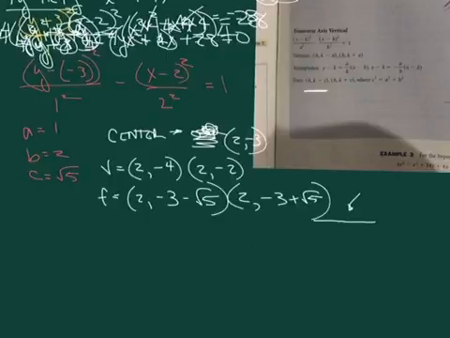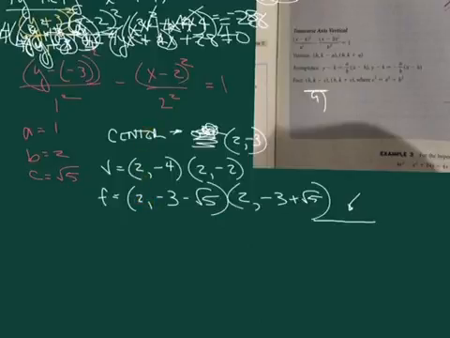Okay, so we added C. So we took our H and then put our K minus C, which is the square root of 5. So -3 minus the square root of 5, and then this K is -3 plus whatever C is, which in this case again is the square root of 5. So that gives me my foci. So I've got my center, my vertices, and my foci.